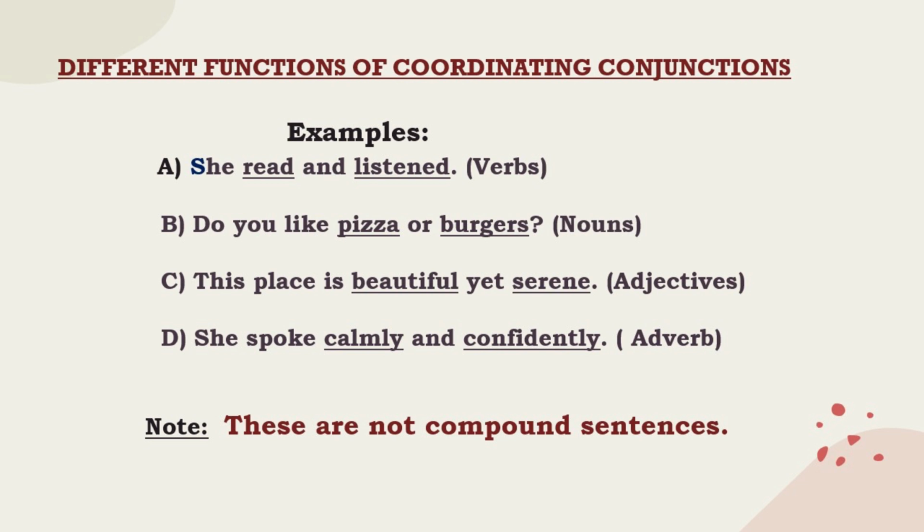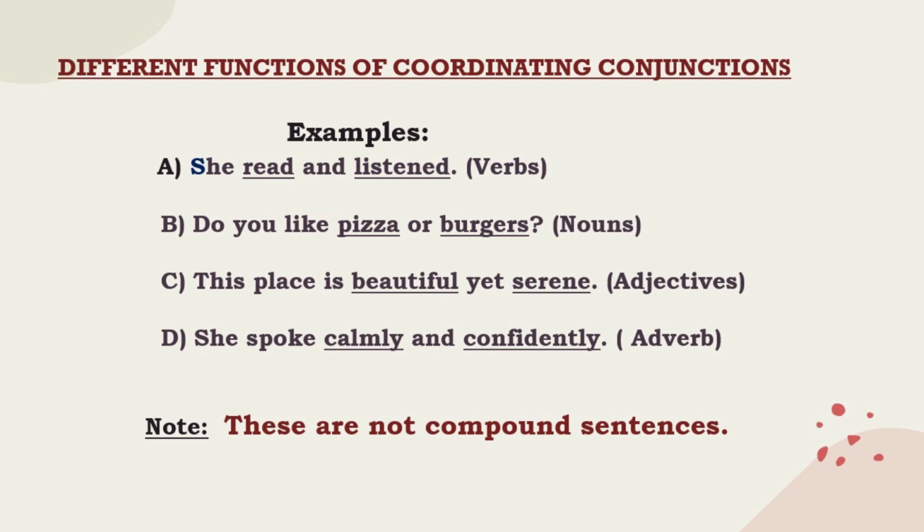The two adjectives beautiful and serene are connected here with the help of the coordinating conjunction yet. Let us look at the last example here. She spoke calmly and confidently. Calmly and confidently are adverbs that are joined by the coordinating conjunction and.